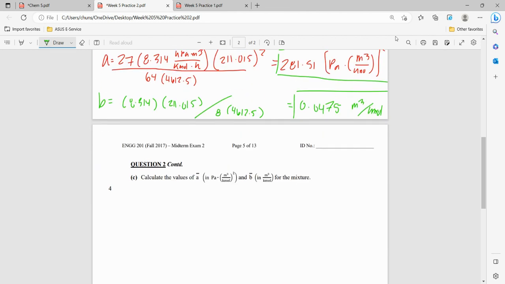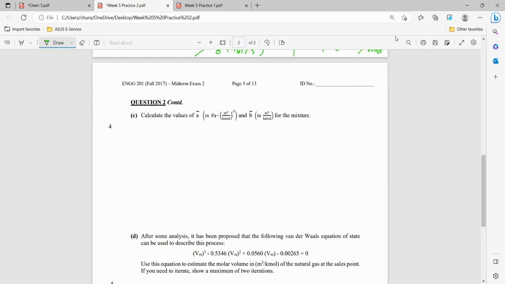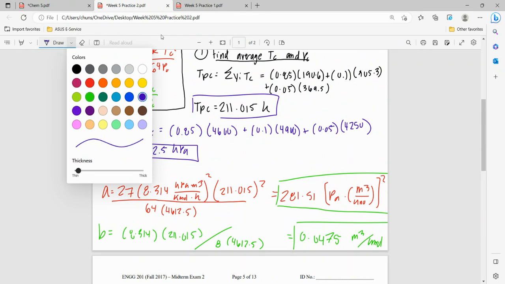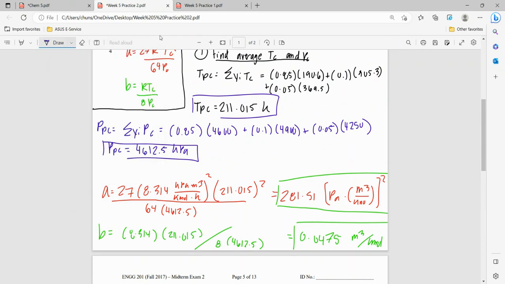Okay. You know what? That's actually what they wanted for this question. So let's just make a couple quick fixes. Sorry, we want this in pascals, not kilopascals. So let's change this to pascals.